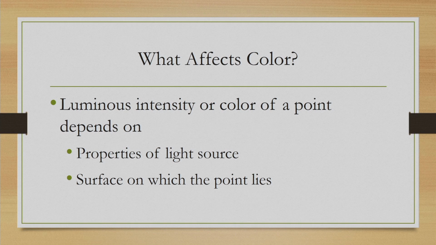First thing is the factors that affect color. What affects color? So, there are two broad things. One is properties of the light source and the other one is properties of the surface on which the point lies. So, the surface properties as well as the light source properties determine the color of a point.